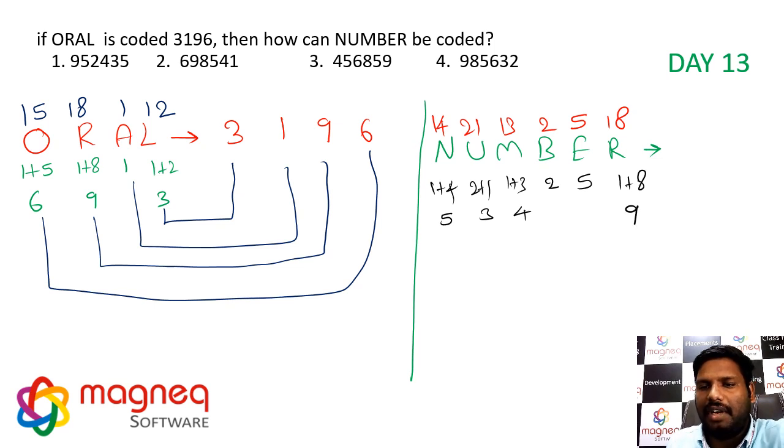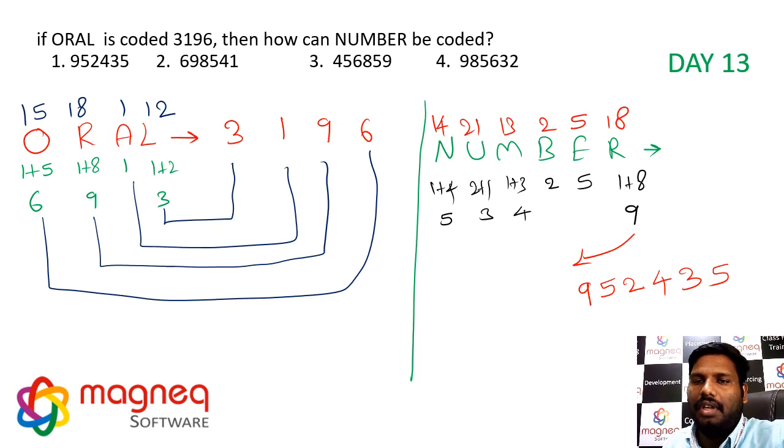And reverse. So answer, reverse: 9, 5, 2, 4, 3, 5. First option.